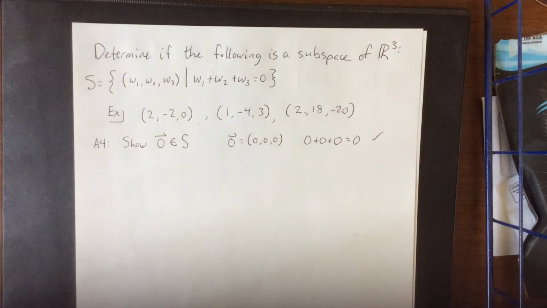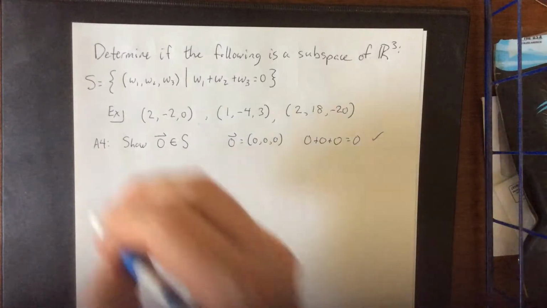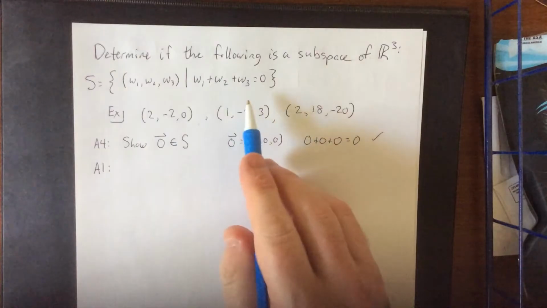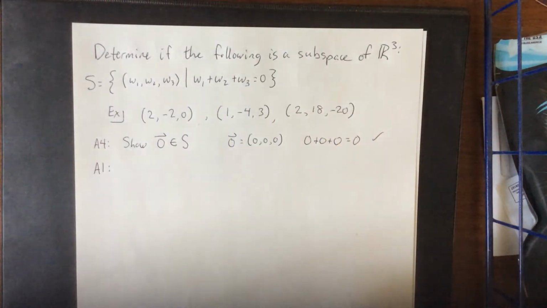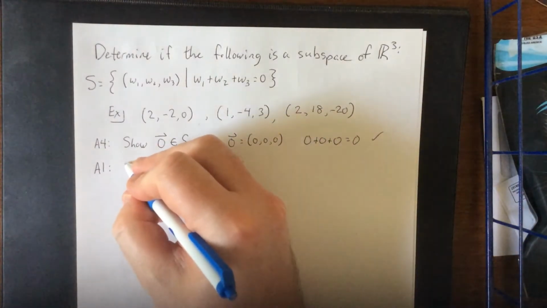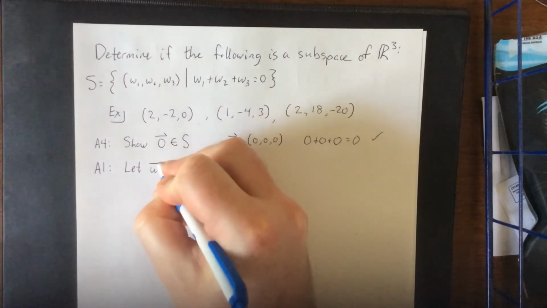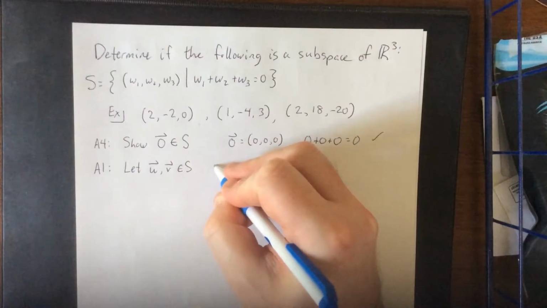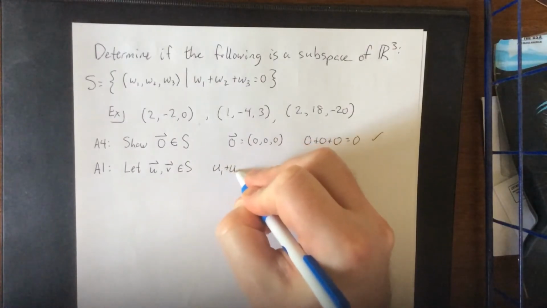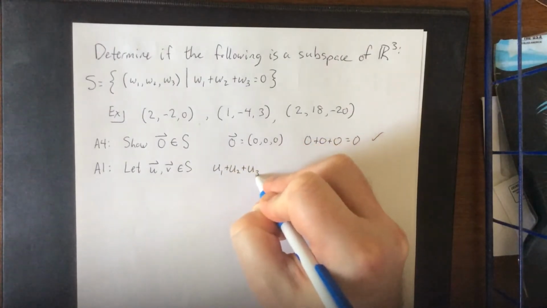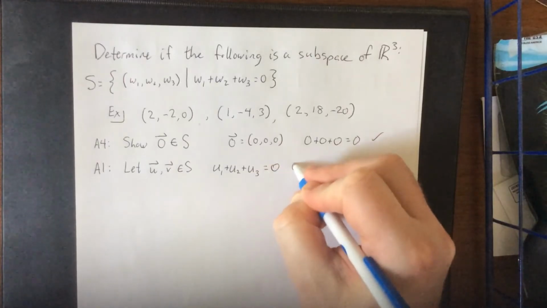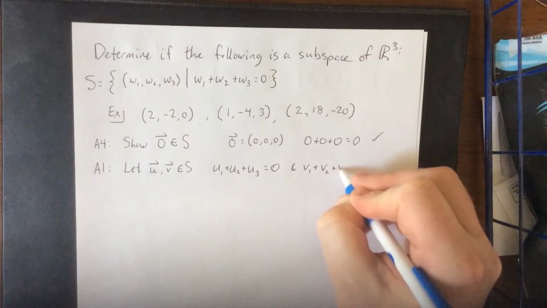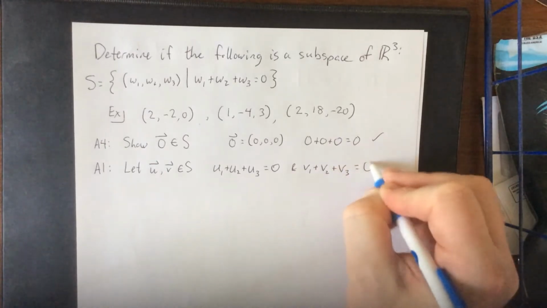Now, for the second axiom, axiom A1, we are going to have to assume that there are two vectors within the set and show that the sum of the vectors is in the set. So we'll say let U and V be elements of S, and we'll let the components of U be U1, U2, and U3, which sum to 0, and the components of V will be V1, V2, V3, and those will sum to 0 as well.